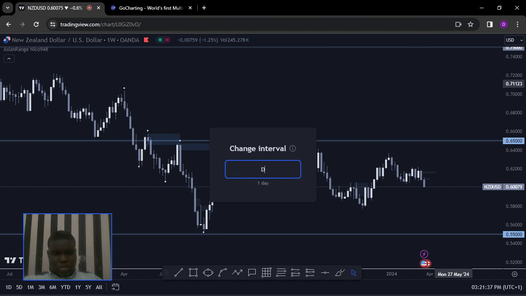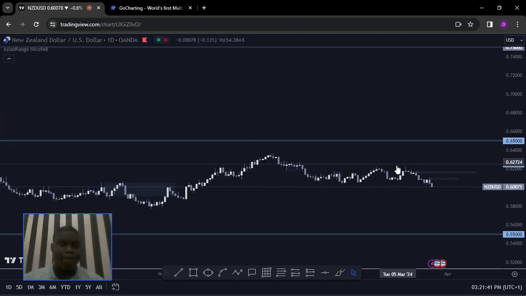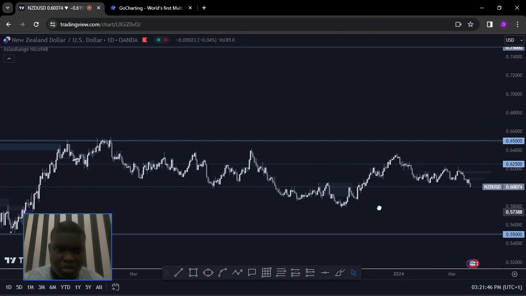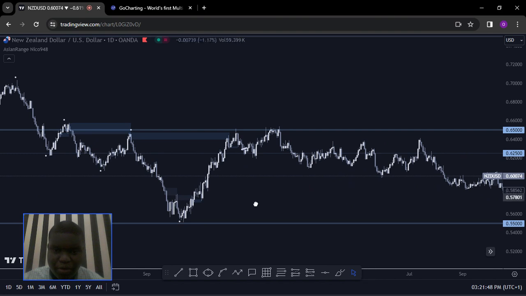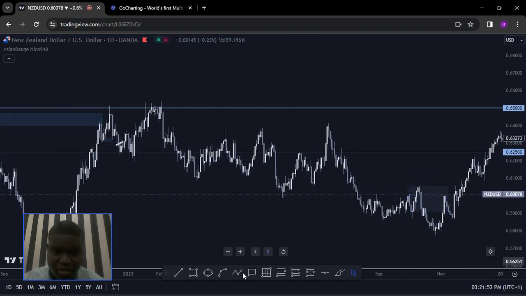Let me set up. So what we can notice on the daily time frame is that this move here took out all the liquidity which is resting here.